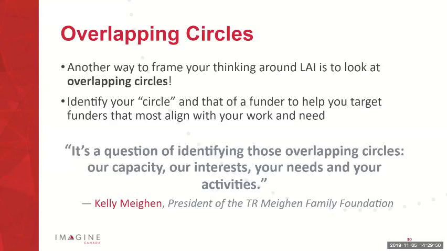I really like this quote from Kelly Megan, who is the president of the TR Megan Family Foundation. She says, "It's a question of identifying those overlapping circles, our capacity and our interests, your needs and your activities." So what you'll want to do is identify your circle and that of a funder to help you target funders that really mostly align with your work and with your specific need.